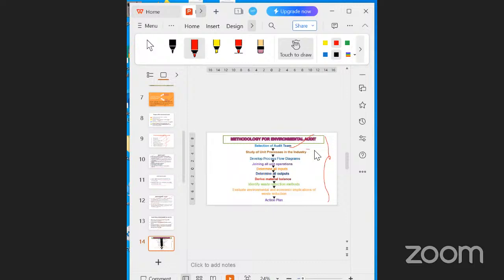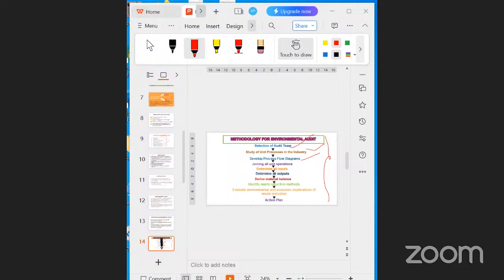And next one is study of unit processes in the industry. So once the audit team is identified, then we will study the unit processes which are taking place in the industry, right? And next step is we will develop the flow diagrams of different processes, right?